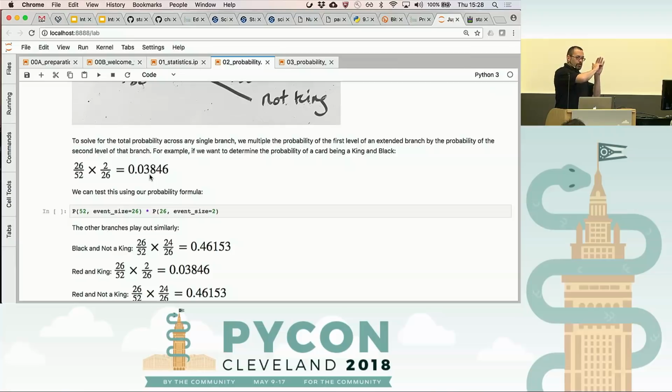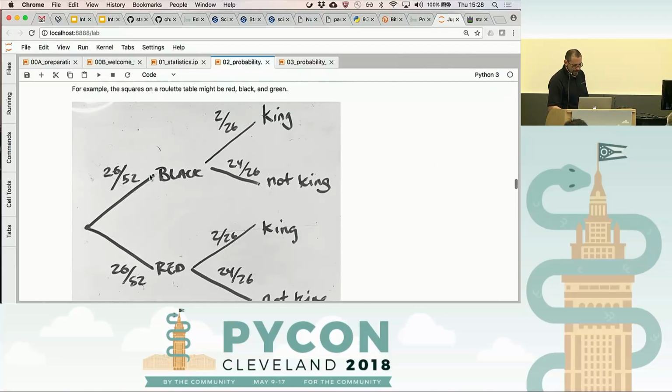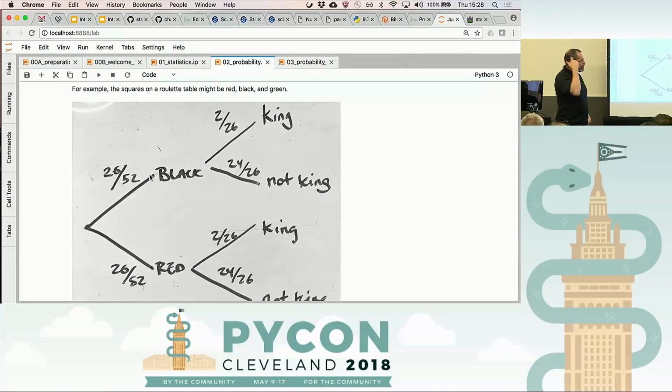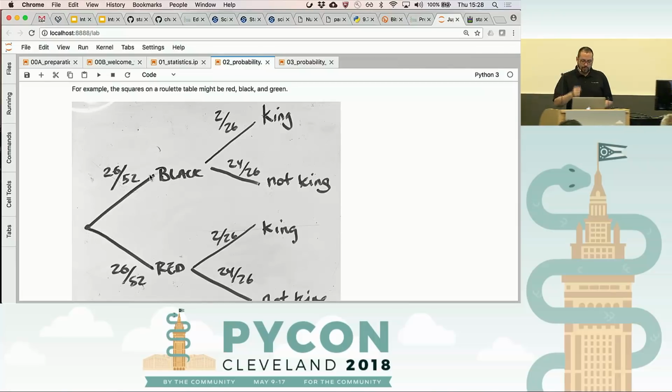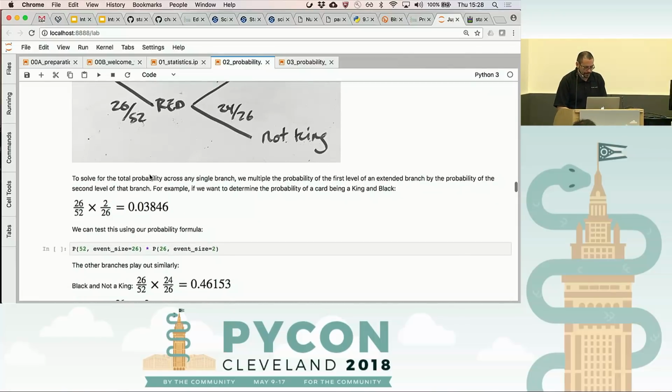To solve across a single branch, to figure out the probability of getting to the end of a branch, you multiply the probabilities together. So if I have a deck of cards, what is the probability that I will have a black king? I multiply 26 over 52 by 2 over 26, and that will tell me the probability that I'm holding one of the 2 black kings.